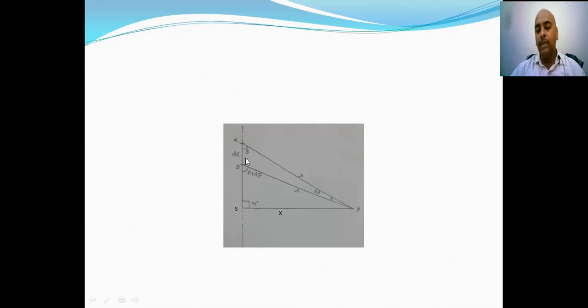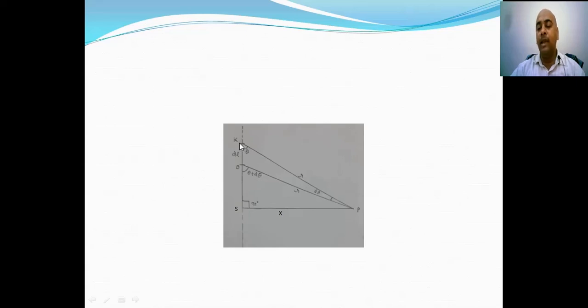So from these two triangles we can conclude, as we know that the algebraic sum of all the angles in a triangle is 180 degrees, that we can calculate the angle OPS, which is 180 degrees minus (90 plus theta plus d theta).